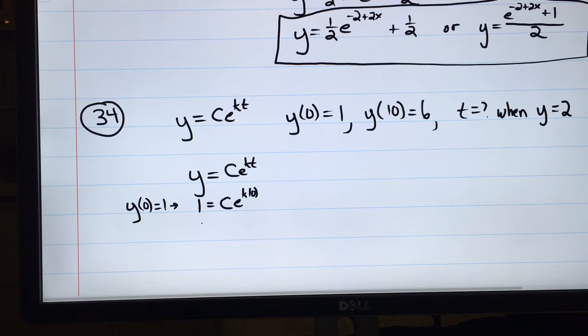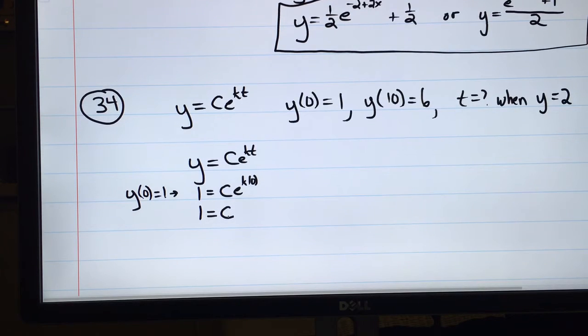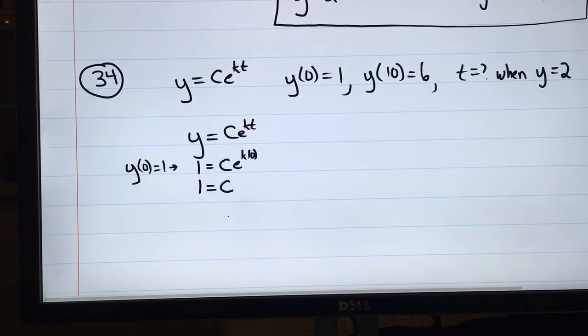E to the 0 is just going to be 1, so we have that c is equal to 1. And with c at 1, in the rewrite, y is equal to e raised to the kt.